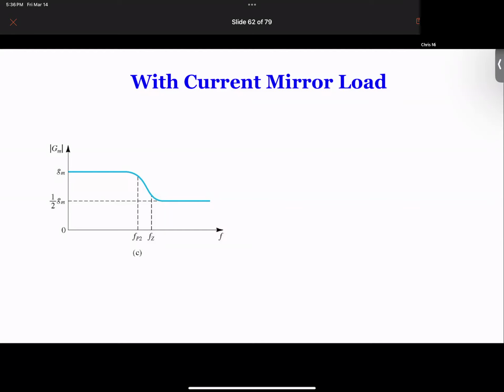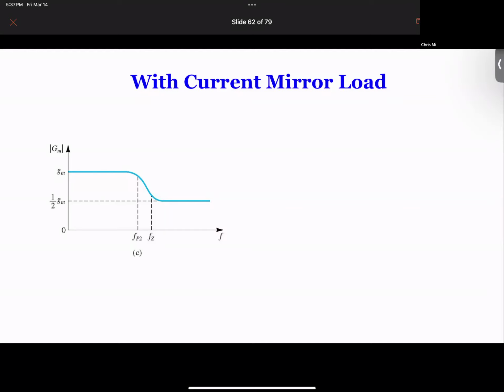But what I wanted to give you is that if you have a current mirror in your circuit, the gain actually becomes interesting. If you derive the actual gain by frequency, you find that you have a pole and a zero, which are pretty close.